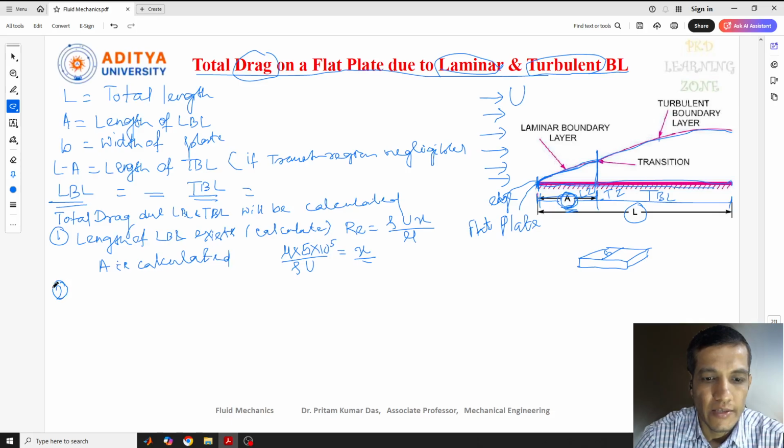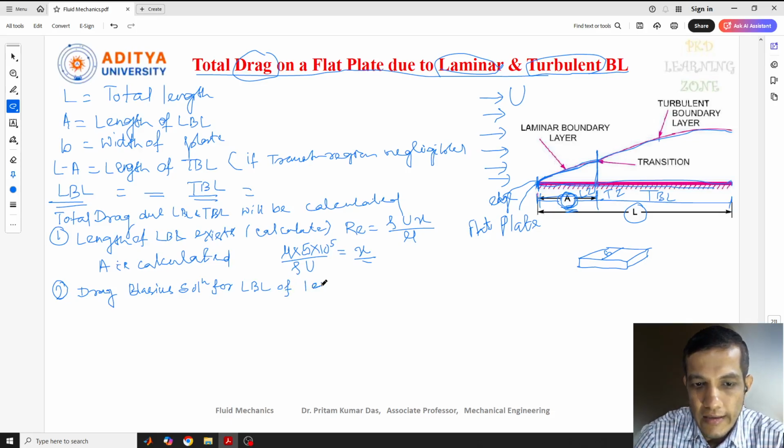Now the second point is we need to find the drag by using the Blasius equation. In the previous videos I told you what the Blasius solution is, and we need to find the drag by using the Blasius solution for the laminar boundary layer of length a, or nothing but x, that I have taken here.